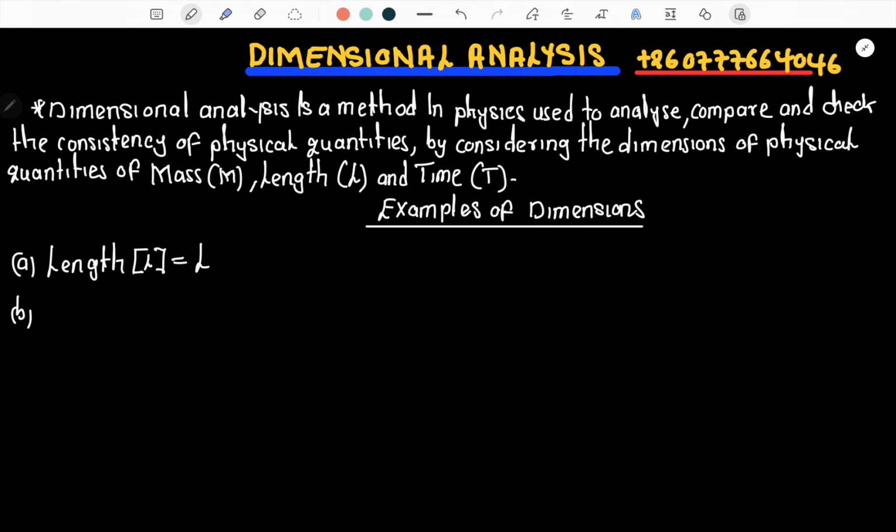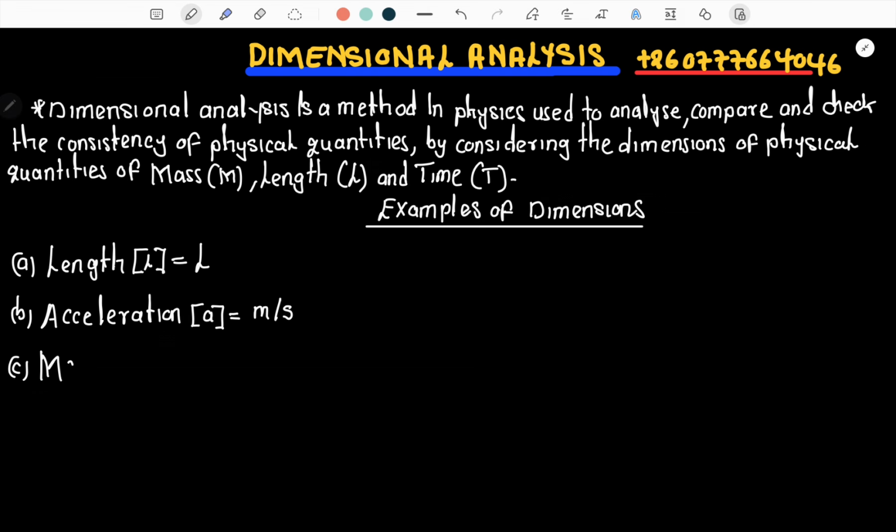We come to B. What are the dimensions of acceleration? Make sure we know this. The dimensions of acceleration represented by small letter a is simply, because we know that the units for acceleration is meters per second. What are the dimensions of mass?